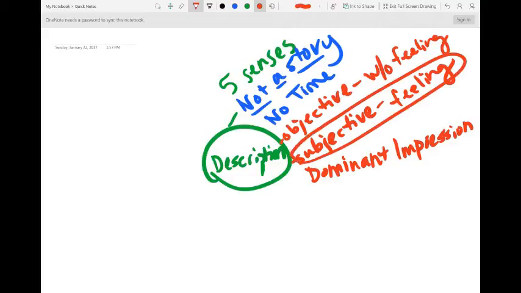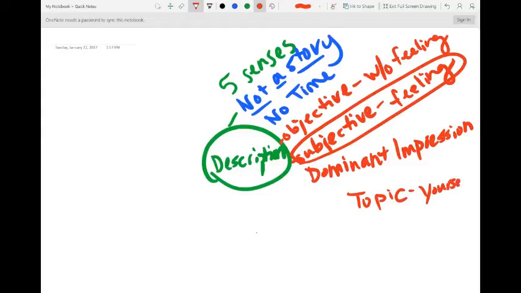Alright, so the type of writing I'm going to be asking you to do for this paper is the subjective type of description. And again, if you want to see more on that, see page 126 in your textbook. But the dominant impression, that is, what is the main feeling that you're trying to convey with this particular topic. Now, the topic that you're going to be doing for this paper is you.